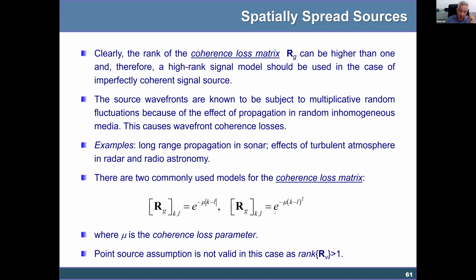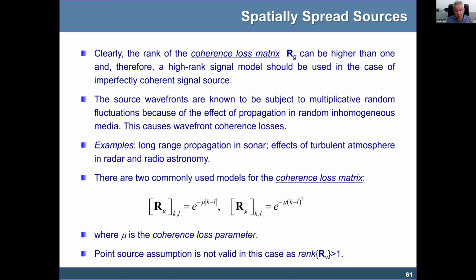Another model is the Gaussian one, this one, so you have the square. Another model for decorrelation in radar interferometry is the linear one, where the decrease is linear, like a triangle.